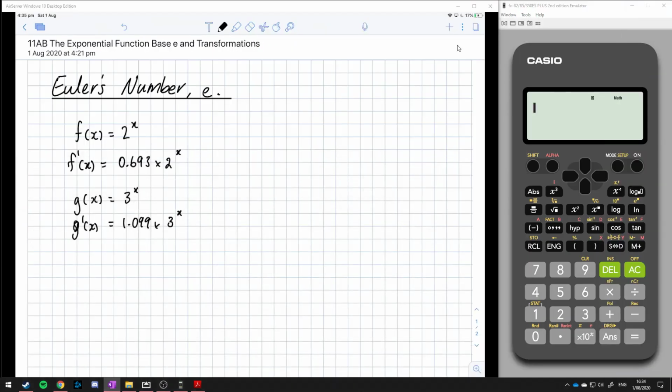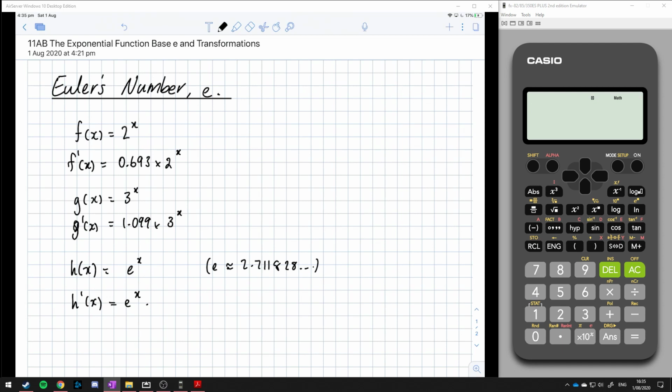So if we have another function, h of x, equal to e to the power of x, where e is approximately equal to 2.711828, then the derivative of that function is itself, or 1 times itself. This is really cool because it helps us a lot with exponentials in general.